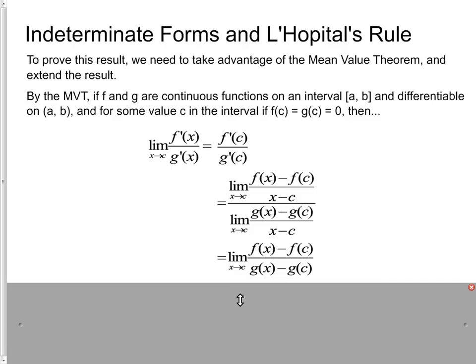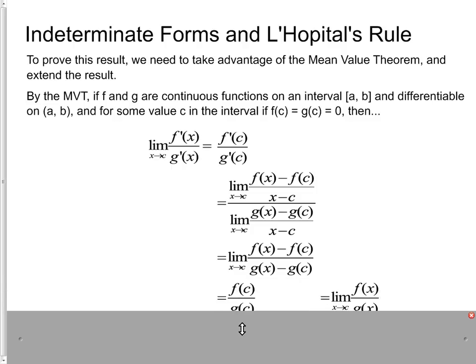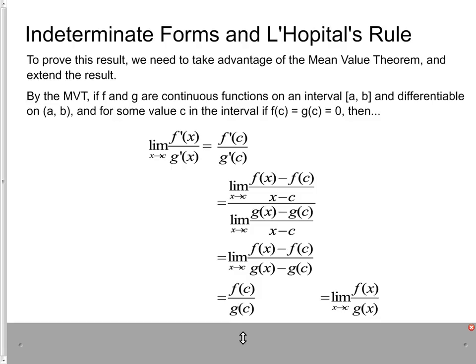And if we let x approach c, we're going to get f of c over g of c. Well, that is the limit as x approaches c of f of x over g of x, because as x is approaching c, we're getting (f of x minus f of c) over (g of x minus g of c).